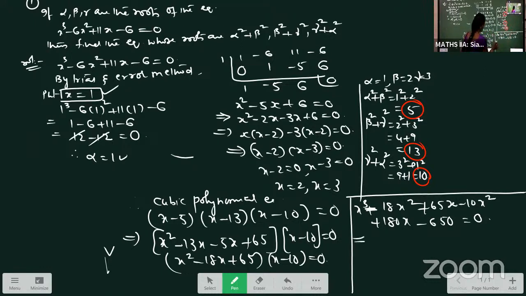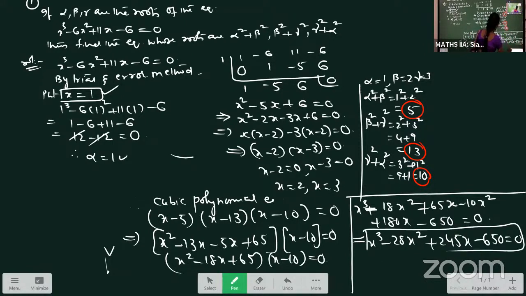Then we are getting x cube minus 18x square minus 10x square, that is minus 28x square, and 180x plus 65x, that is 245x, minus 650 is equal to 0. This is your required equation: x cube minus 28x square plus 245x minus 650 is your answer.